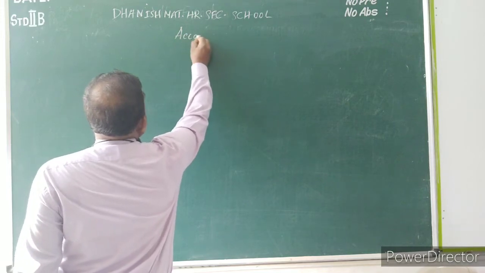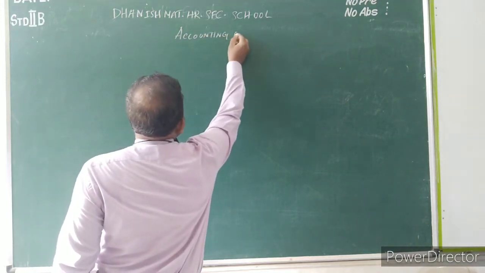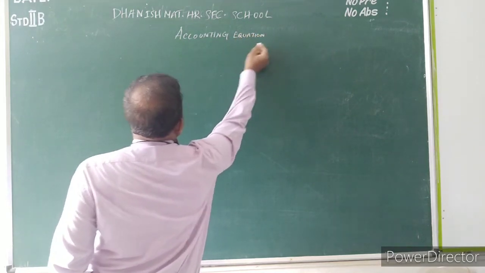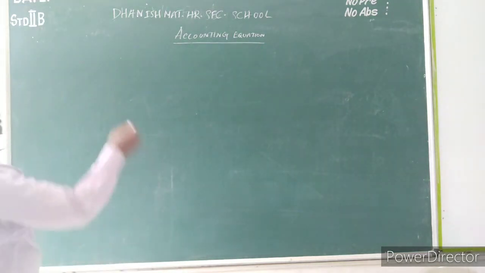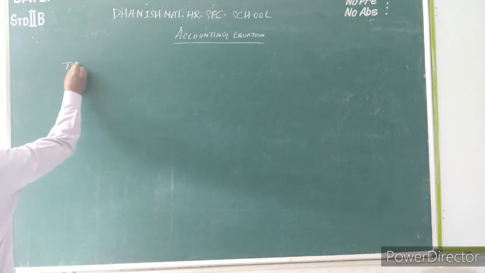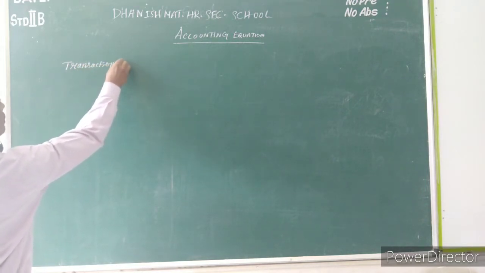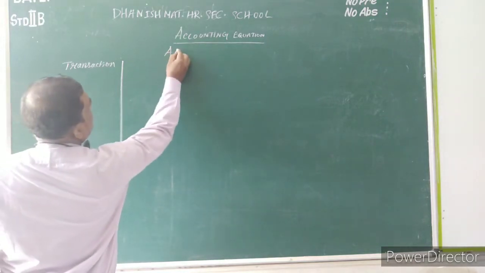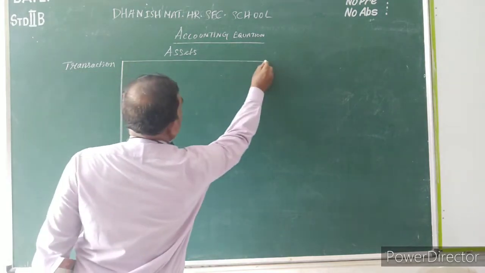Accounting equation. Heading. The first column is transaction. Second column is assets. Under the assets you have to provide 5 boxes.